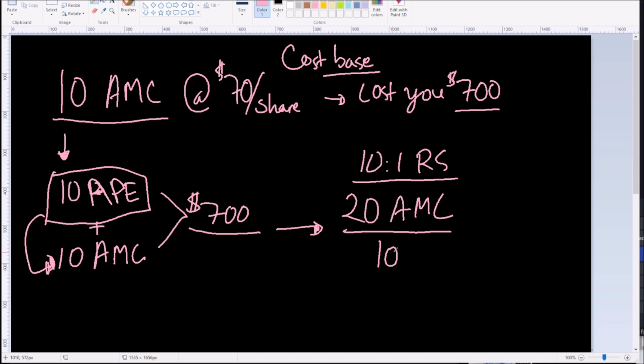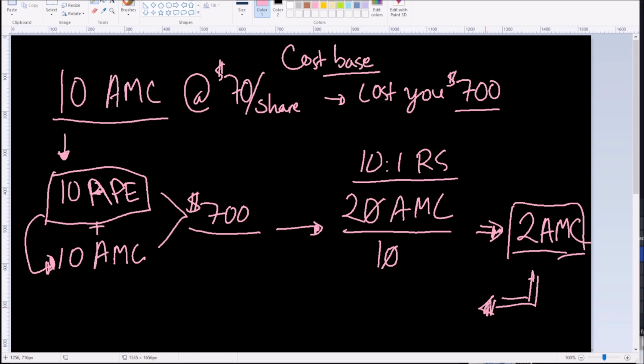So when you have the 10-to-1 reverse stock split, you cancel the 2, and you end up with 2 AMC shares. Now, those 2 AMC shares that you bought in the earlier stage cost you this much. So how high does AMC have to go for you to break even? Since you have 2 now, it needs to go up to $350 per share for you to break even.